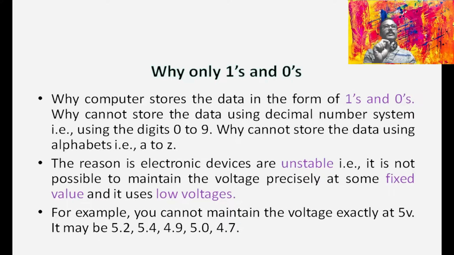That's why computers go for the binary number system, where the only possible symbols or values are 0 and 1. Of course, you can combine these zeros and ones as you like: 0, 1 or 1, 0 or 1, 0, 1, 0, 1 or 1, 1, 1, 1, 0, 0, 1, like that.